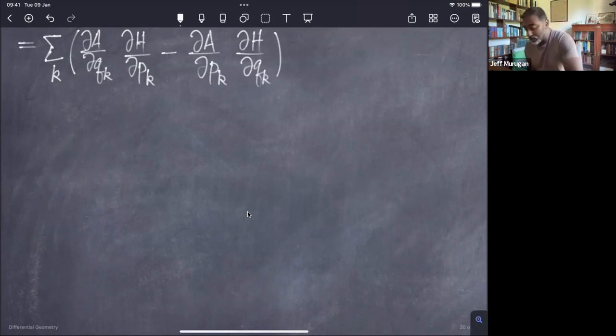But this is nothing but the Poisson bracket between A and H.